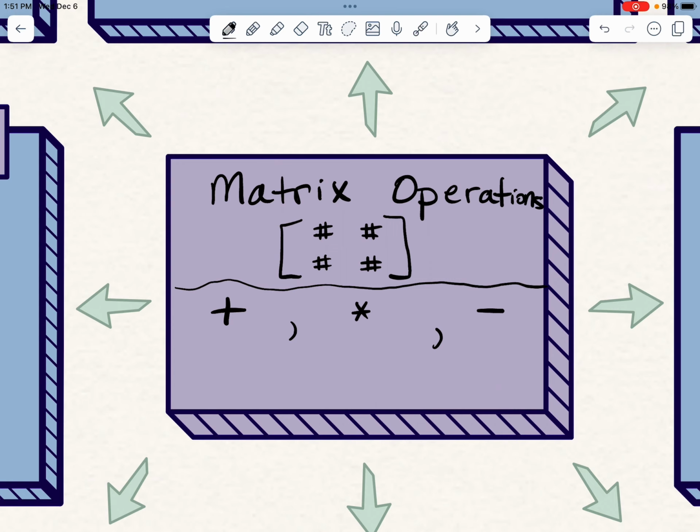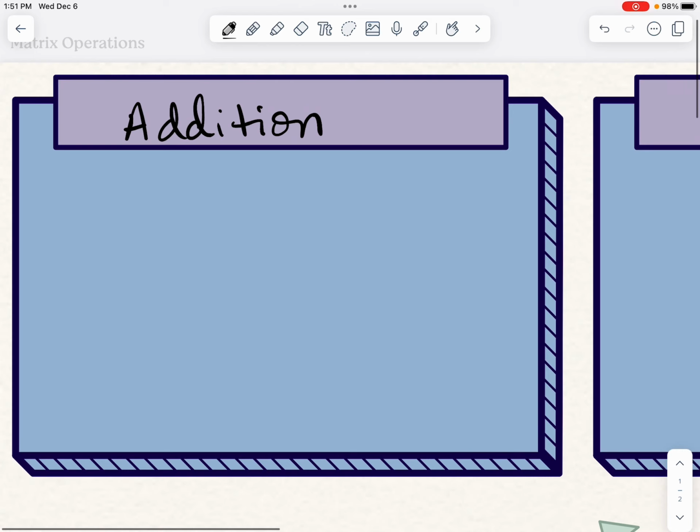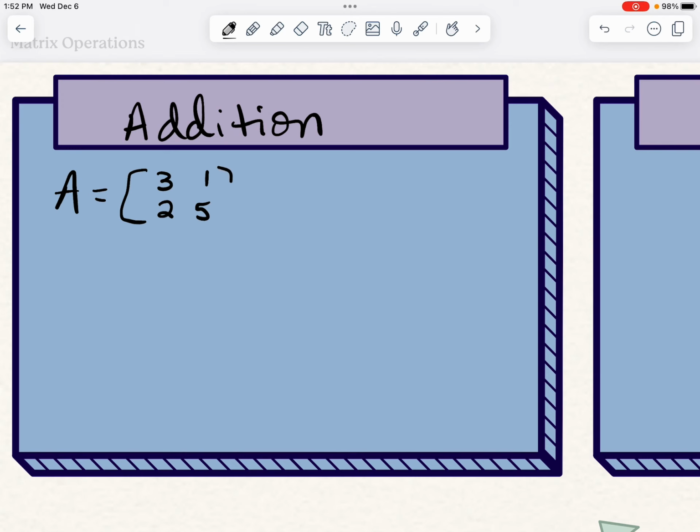So let's look at our first example with some matrix addition. For this, we're going to say that matrix A is going to be 3, 2, 1, and 5, and matrix B is going to be 0, 2, -4, and -3.